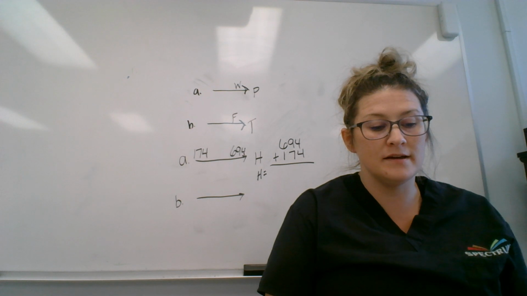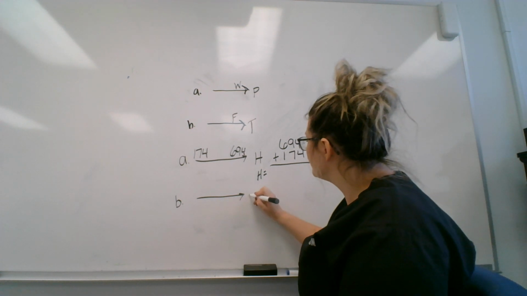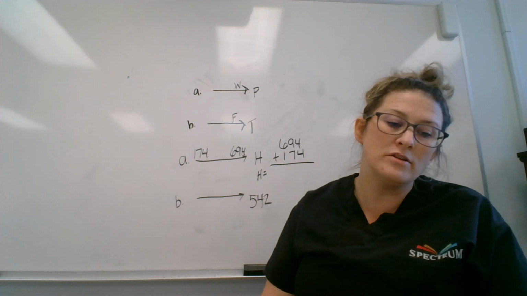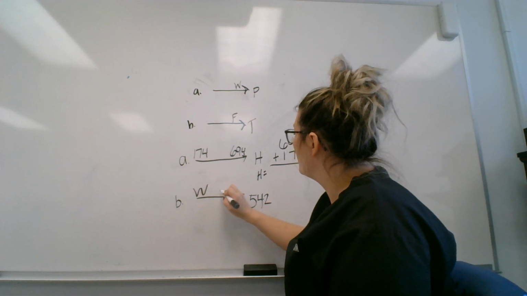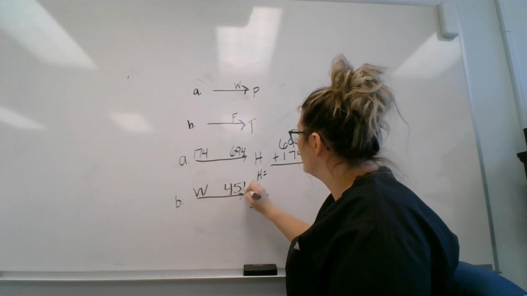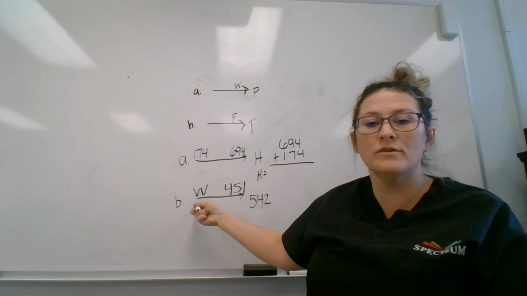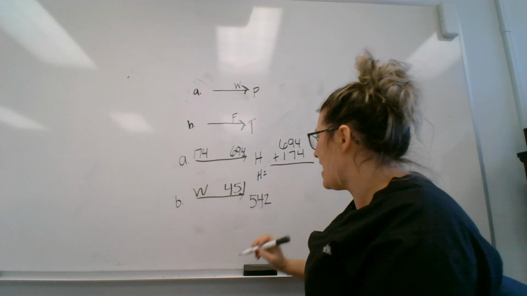Problem B. The big number is 542. The small numbers are W and 451. What letter am I solving for? W. I'm missing a small number, so to find a small number I subtract.